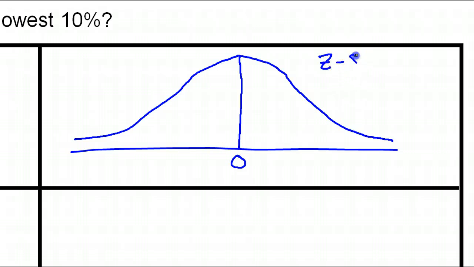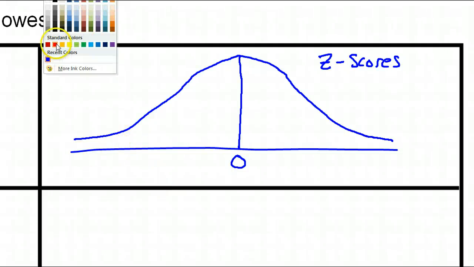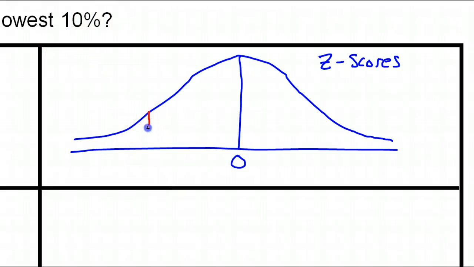You must label it z-scores. If you don't, you will lose a few points. We still want that bottom 10%. The lowest 10% will be over here, and we will label it as 10%. This is a z-score, so I'm just going to call this z.